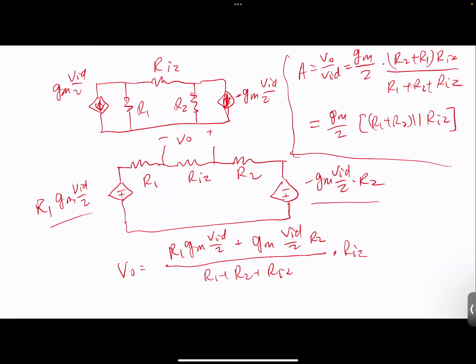R1, R2 is given, but RI2 is not given, so we have to calculate R pi 1 and R pi 2 to get RID, and we need to get R pi 4 and R pi 5 to get Ri2. And we also have to calculate GM. I already calculated it here.